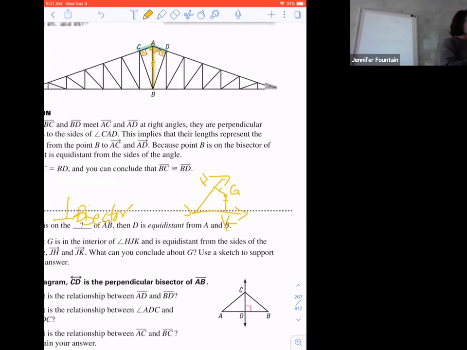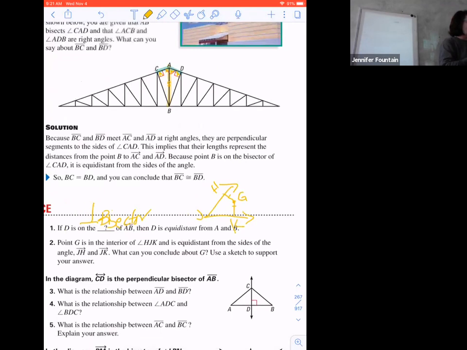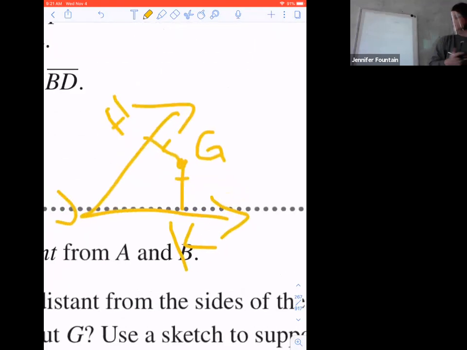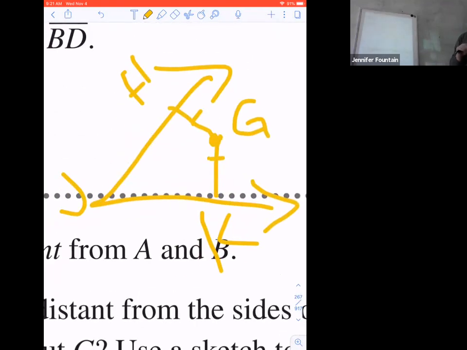So what can we conclude? It says JH and JK, so that was the equidistant sides. If I know that point G is equidistant from either side, then what do I know about the line that point G is on? Wouldn't that have to be a bisector?